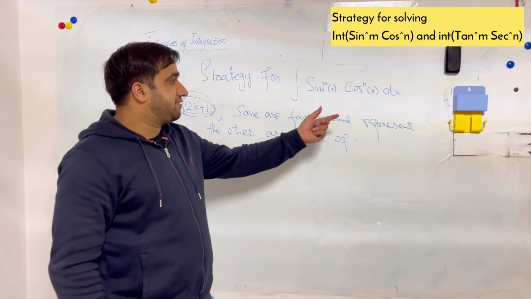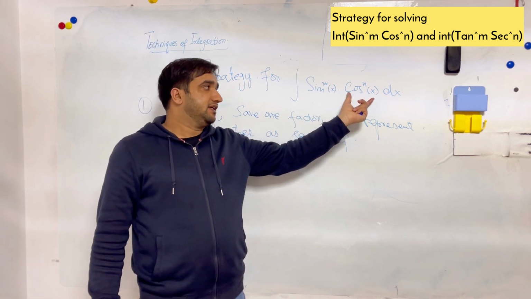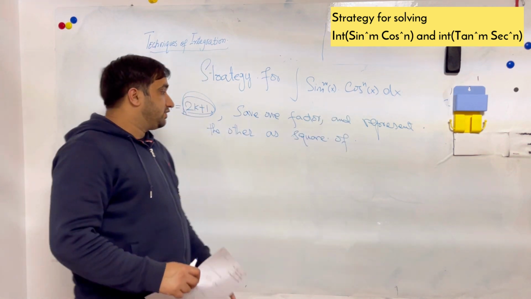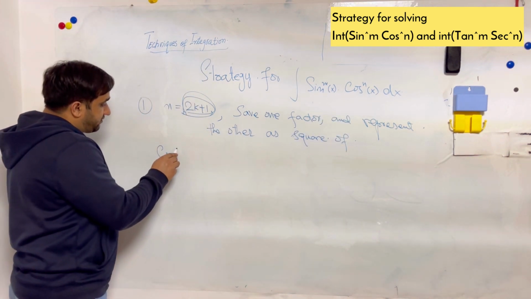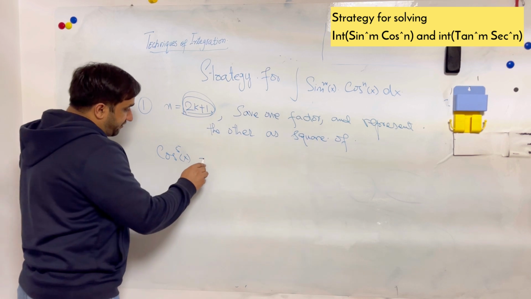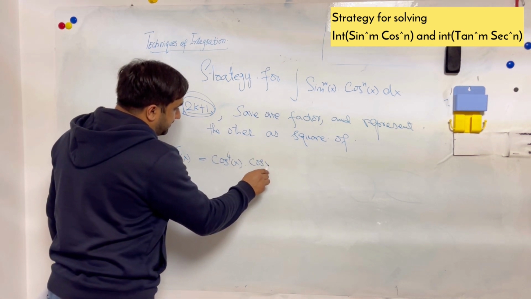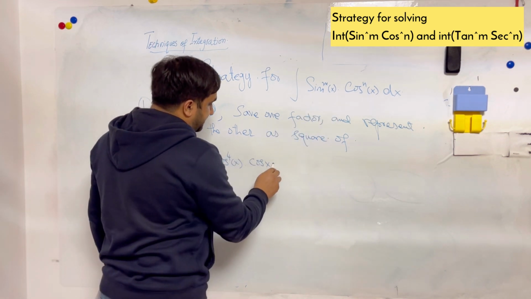For example, in a simple case, if the power of cos is 5, then I can write cos raised to the power 5 as cos raised to the power 4 into a cos with the dx.